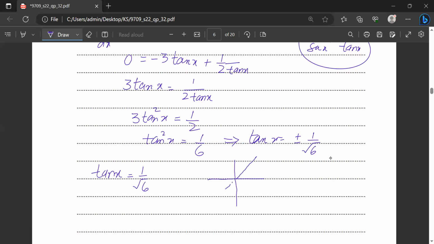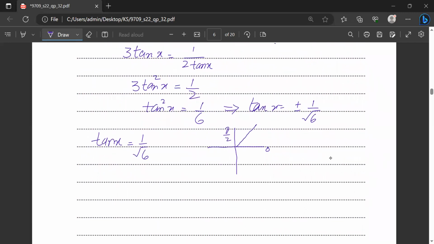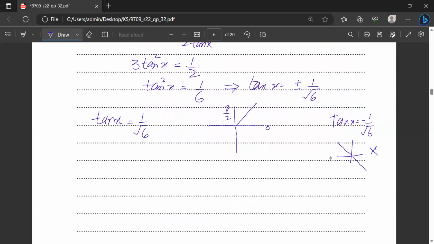Ignore the negative value, tan of x equals minus 1 over root 6, because tan is negative in the other two quadrants, and that is not the case here.